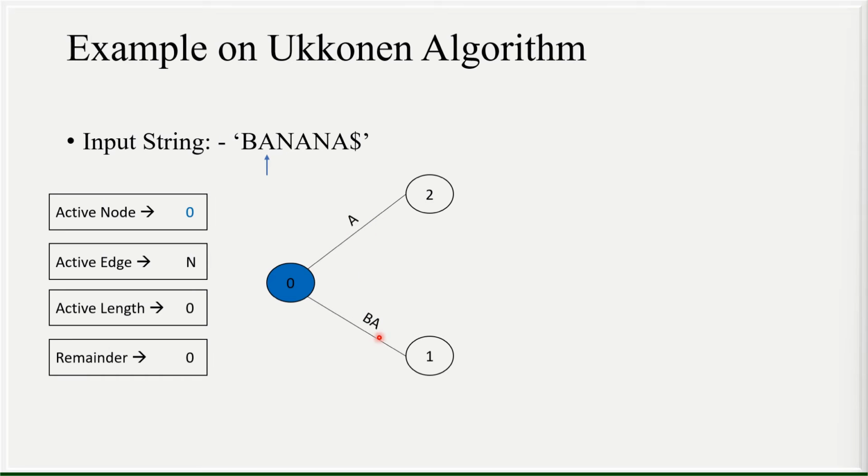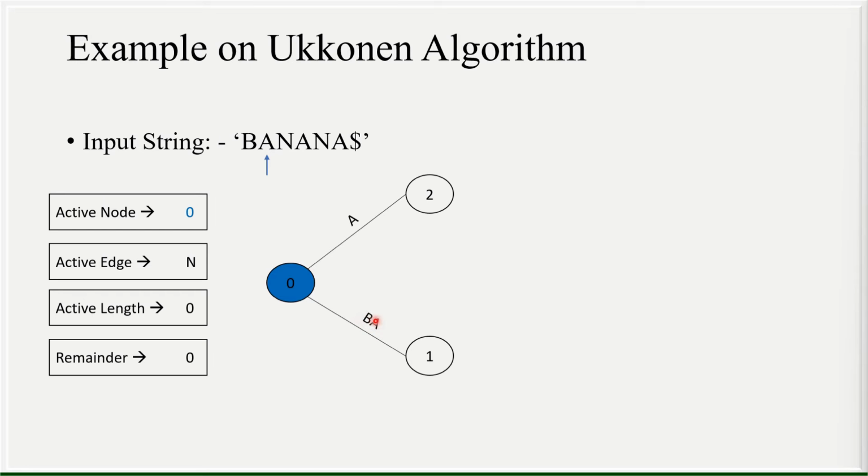Now you may be wondering why BA. If you remember, in the suffix tree, we get multiple suffixes. The entire string is a suffix of itself. And according to the first rule of Ukkonen's algorithm, whatever new character is getting added in the string, we have to add it in the tree as well.